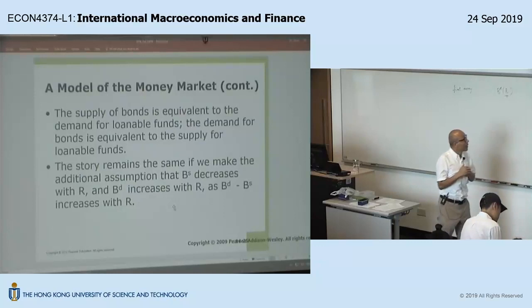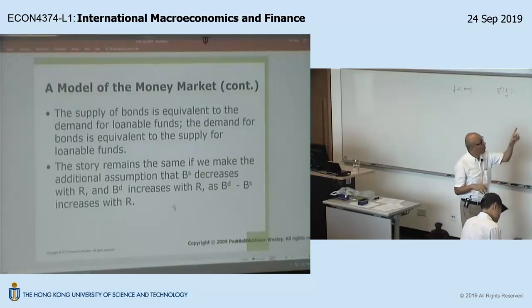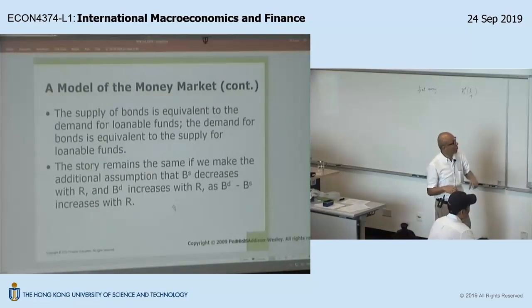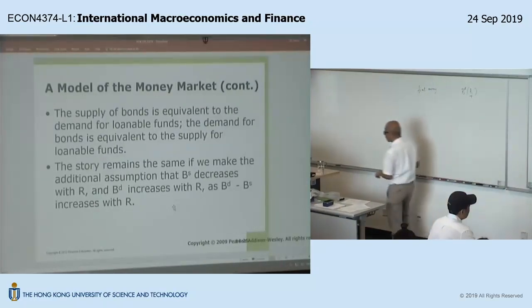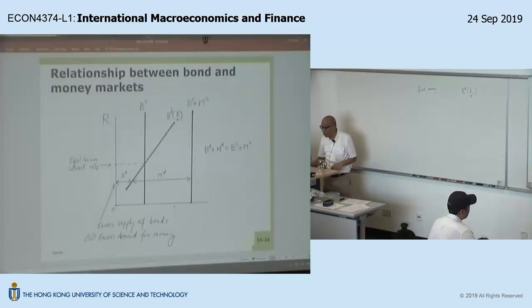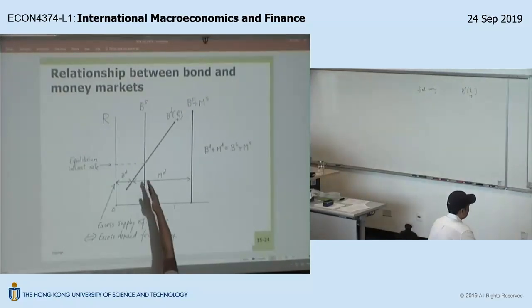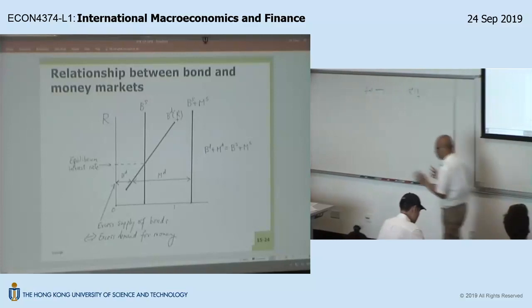Okay. So the story remains the same if we make the additional assumption that BS decreases with R. In other words, we could make this BS curve downward sloping, but the story will be the same.